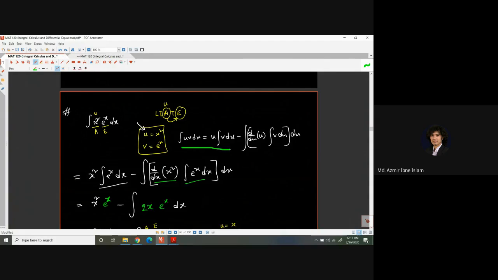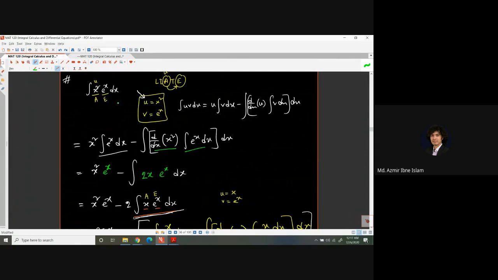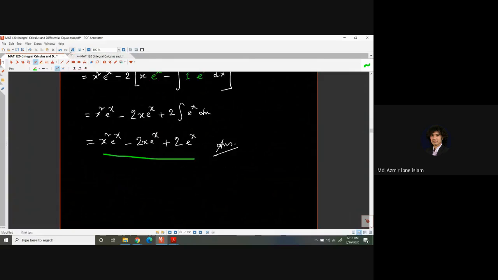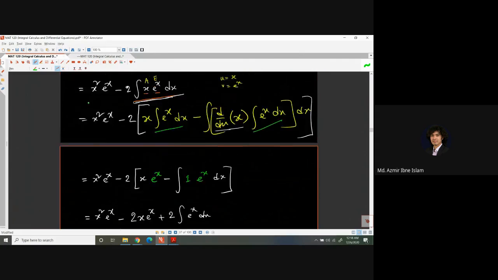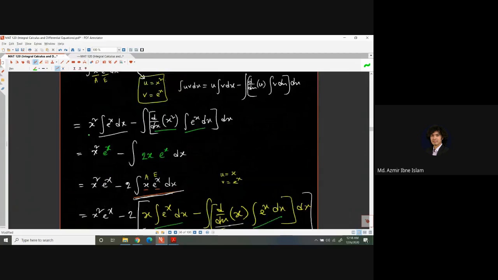Instead of using integration by parts, we can also have a look at an alternative technique, that is the tabular method. Whatever process we apply, the result will be the same. So let's try to solve this problem by using the tabular method, then you will understand what I am trying to say.